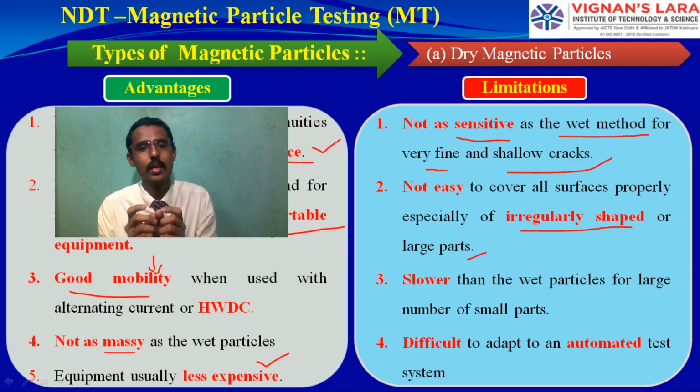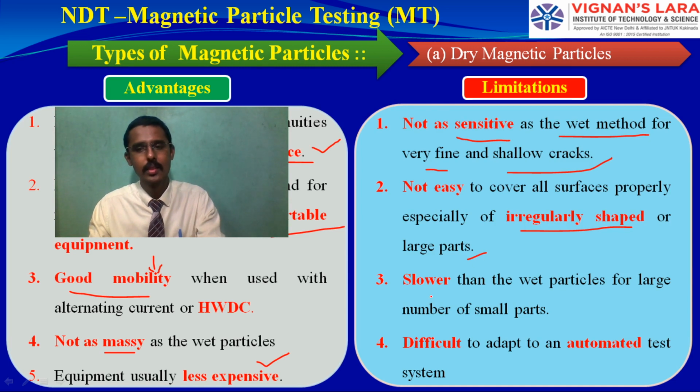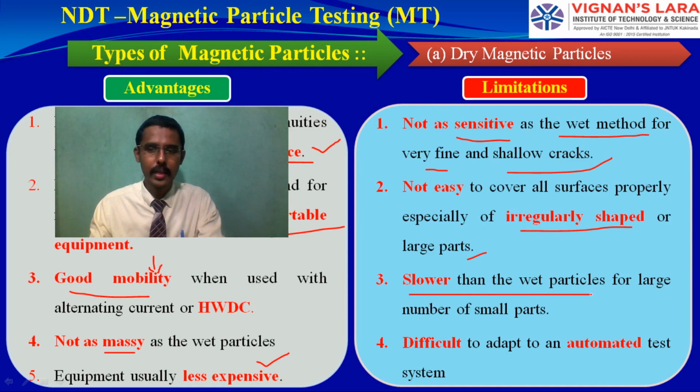Therefore, irregular shapes face some difficulty with dry magnetic particles. Then, slower than wet particles? Yes, definitely. A large volume can be easily spread by water and we can go for inspection. But it is not like that with dry powder. We have to throw powder again. Large volumes of powder are needed.